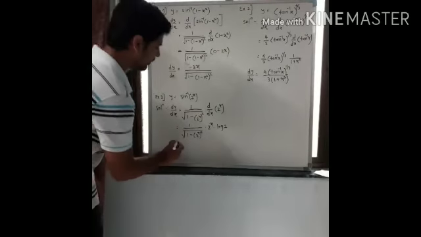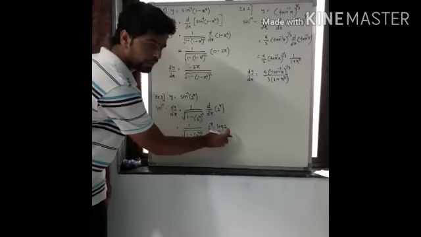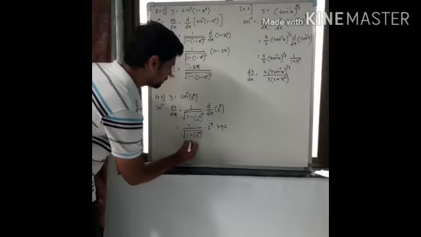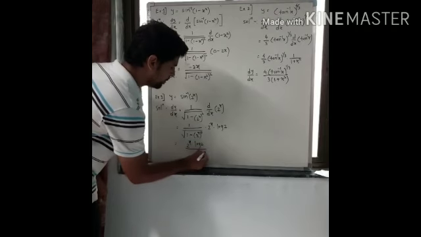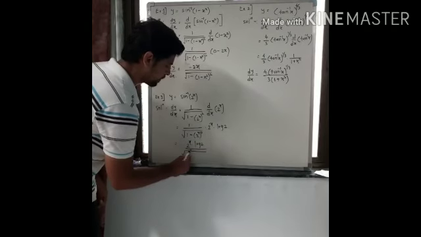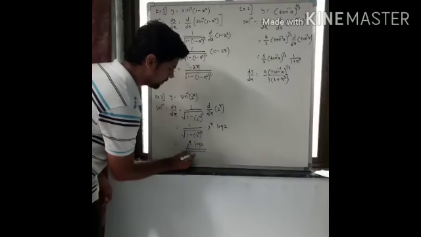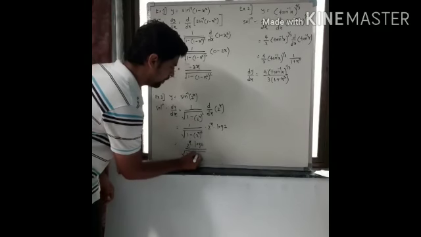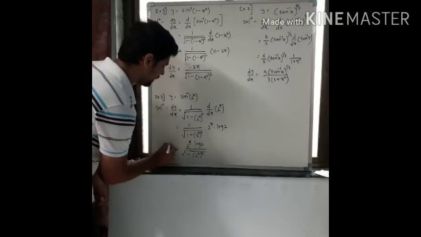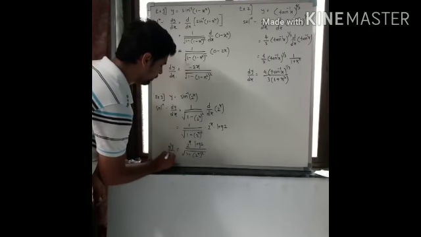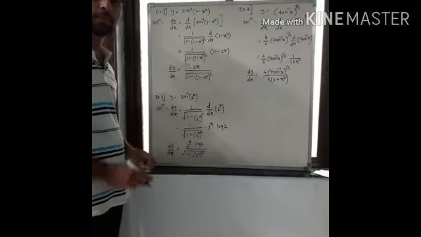So we are done with the derivative. Now we'll write the final answer. This 2 raised to x into log 2 is in the numerator, that is 2 raised to x into log 2 divided by root of 1 minus 2 raised to x to the power 2. This is your final answer, that is the derivative of the function sine inverse of 2 raised to x.